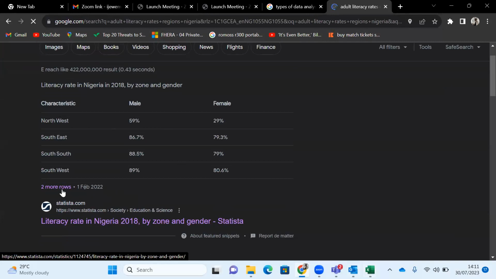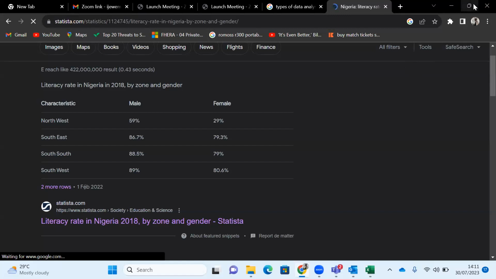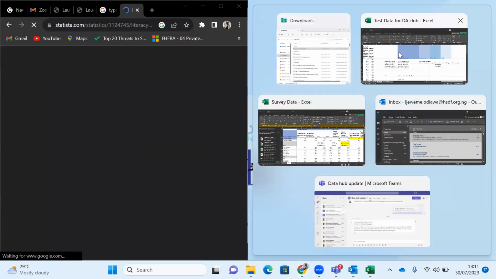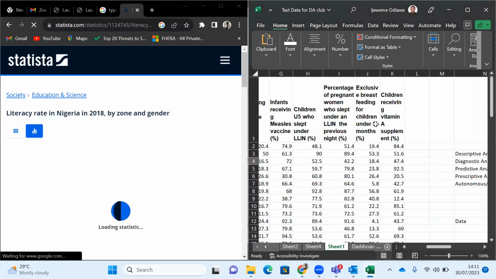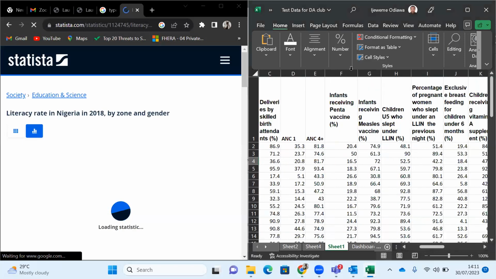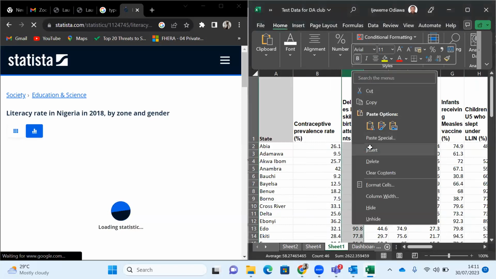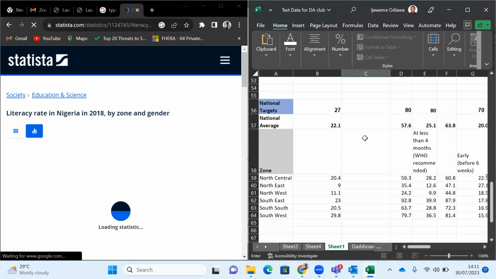So let's copy these data sets, right? Let's copy this data, minimize, bring this up, and we could insert by the side. We could insert a column and say literacy rates.